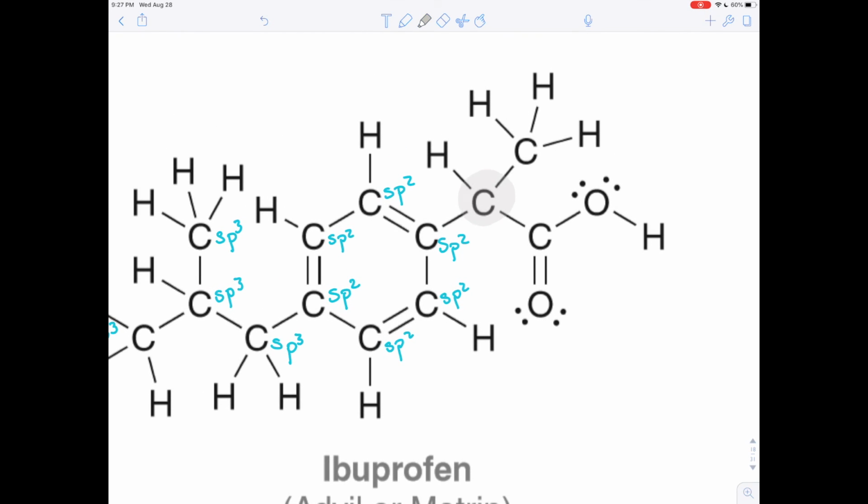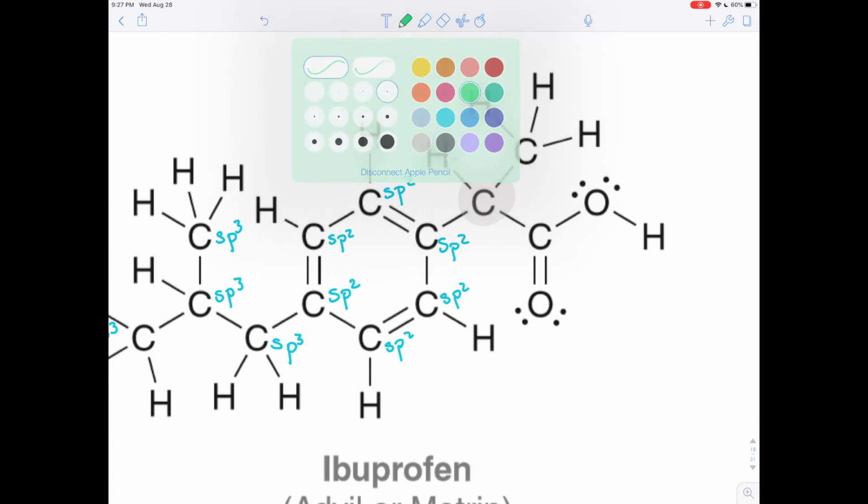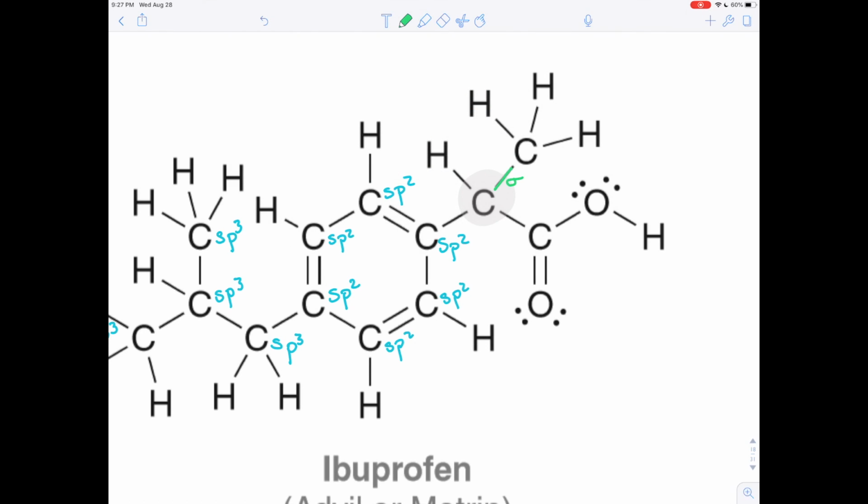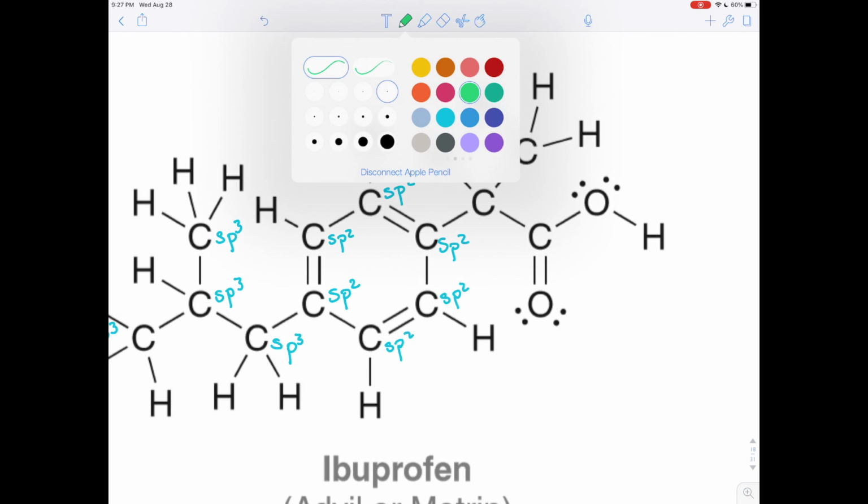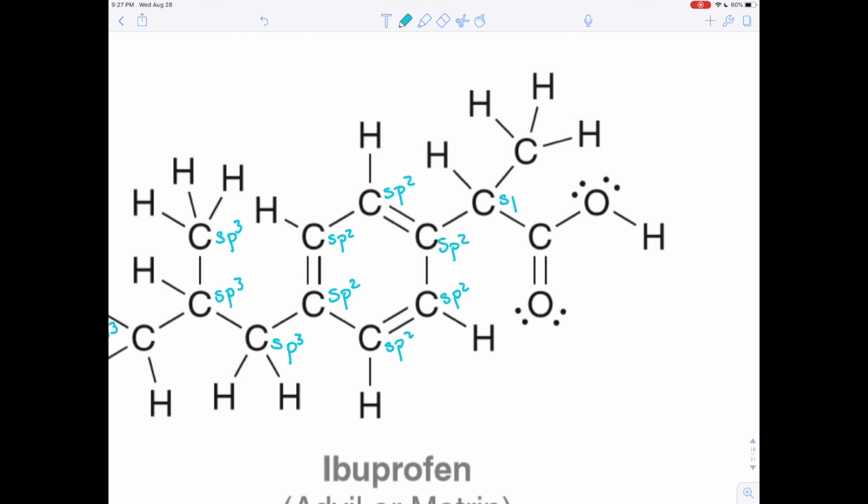Okay, compare that with this carbon here. The first bond that you ever form between atoms is sigma, so these are all sigma bonds. And if you have all sigma bonds, and you don't need any p orbitals left over, you can mix all 3 of the p orbitals with the s orbital and get sp3.